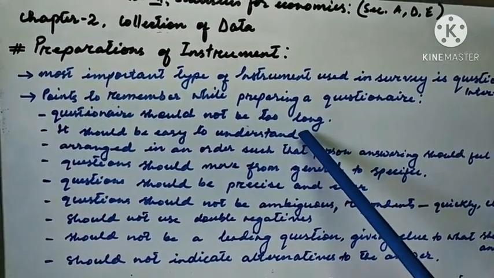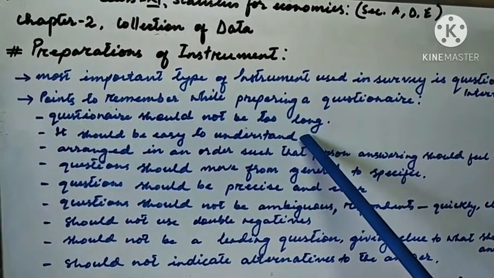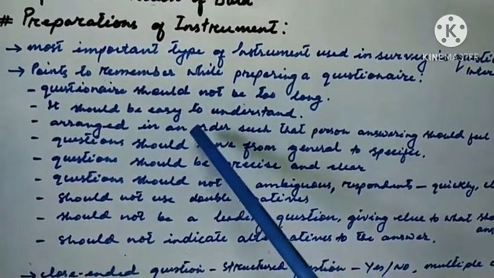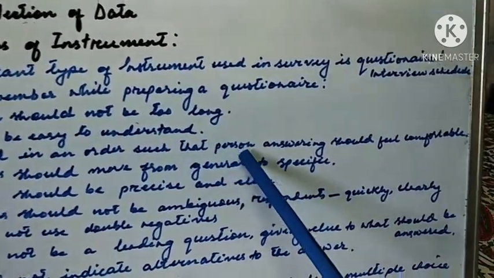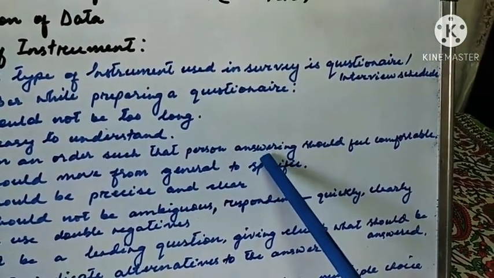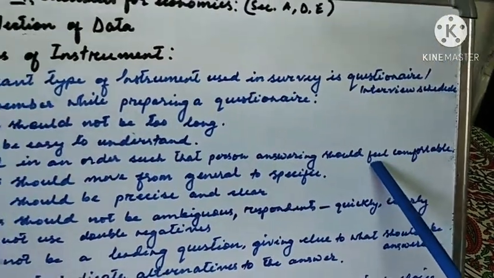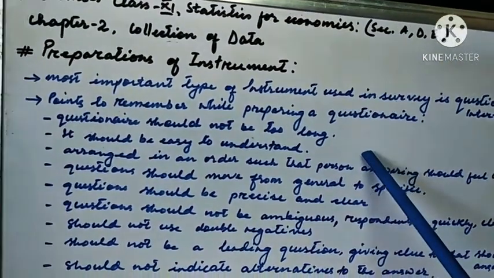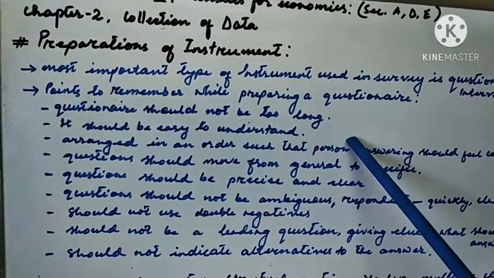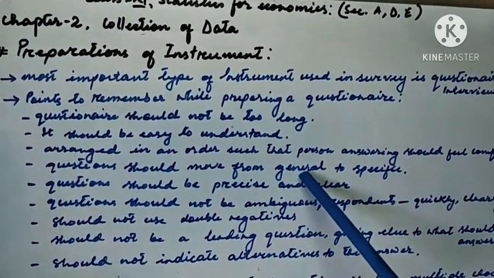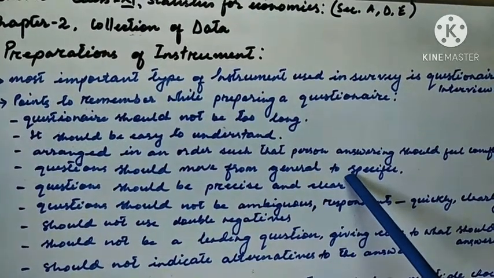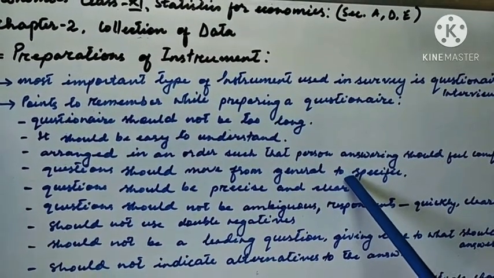Keep it to the easiest words. The questions should be arranged in an order such that the person who is answering, the respondent, should feel very comfortable answering your questionnaire. That is important. And the questionnaire should move from general to specific. Start from the general questions and move to the specific.